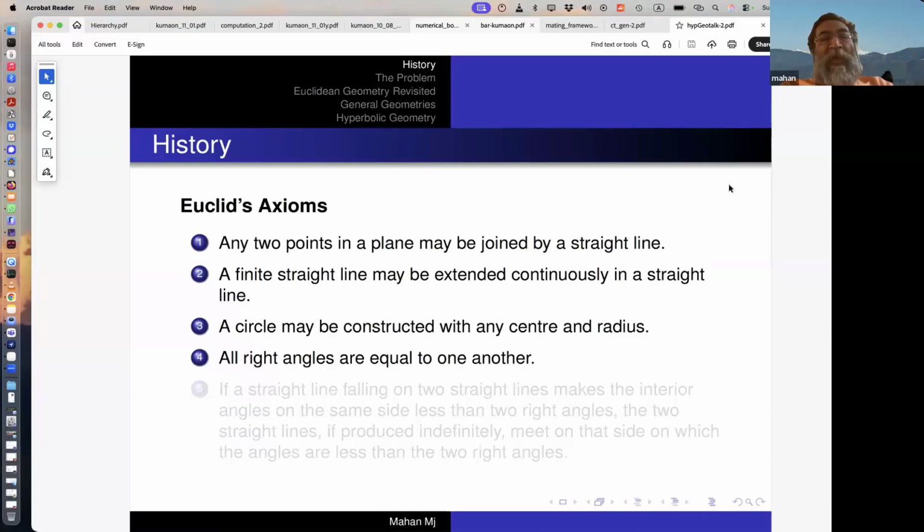Now we'll introduce, so again, what have we introduced so far? Straight line segment, bi-infinite straight line, circle, angle, particularly right angle. This fourth axiom is the basis of all the measures of angles that you see.